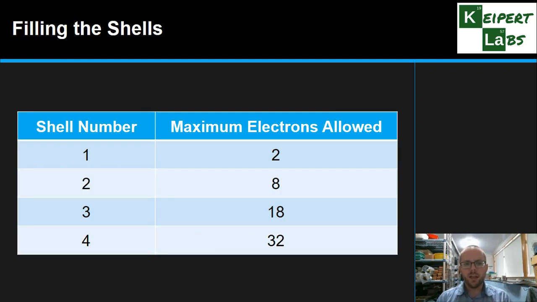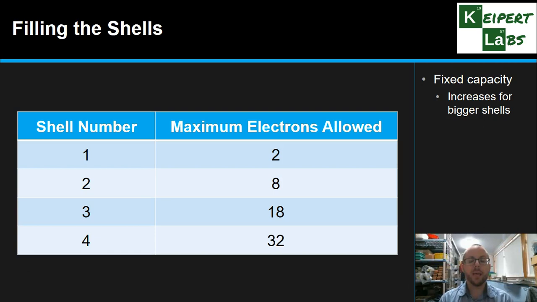We look at this idea that the shells have what we call a fixed capacity. We can't just pack an infinite number of electrons in based on where the shell is; it can only contain a certain number. As we get to bigger shells that are further from the nucleus, we get a bigger capacity.